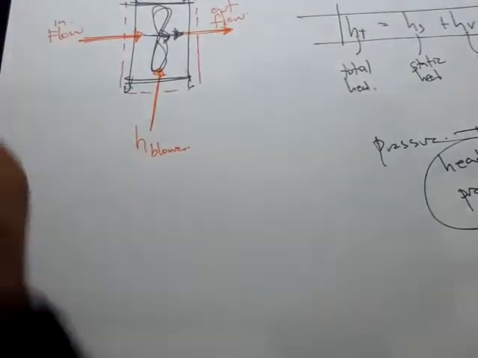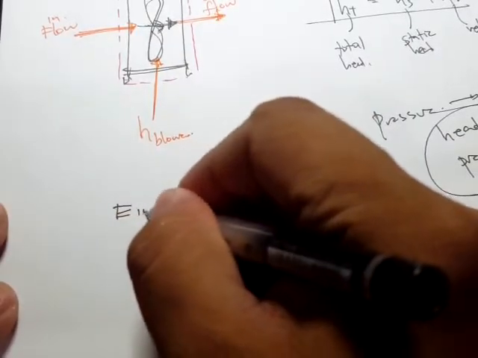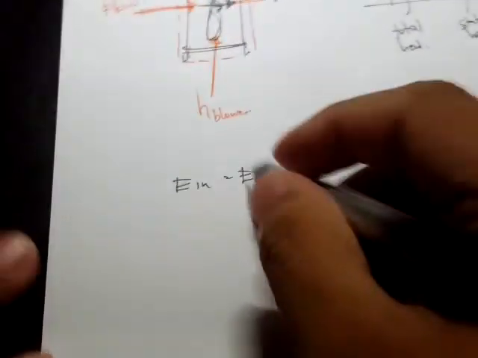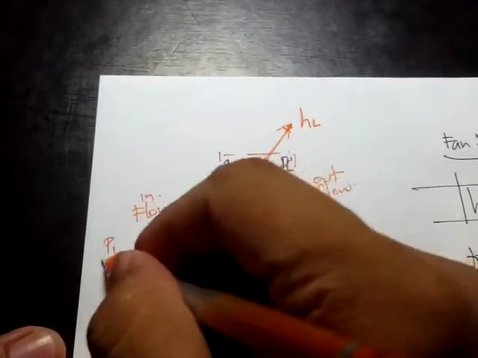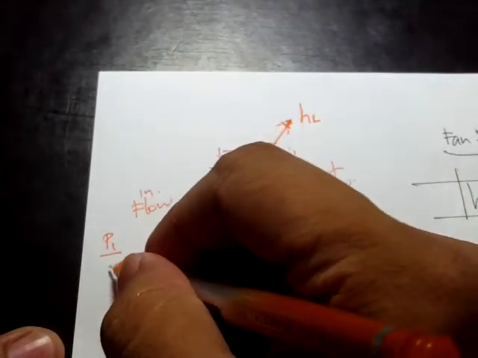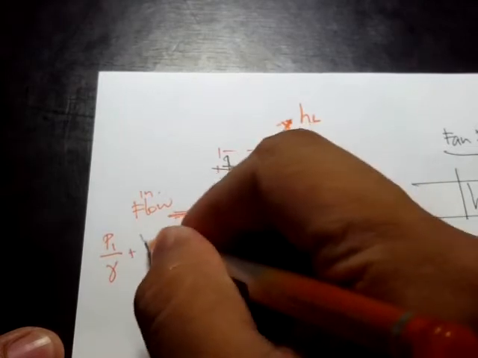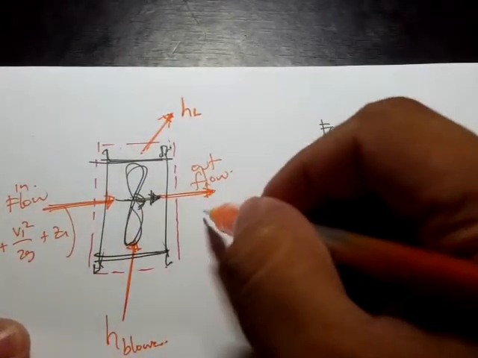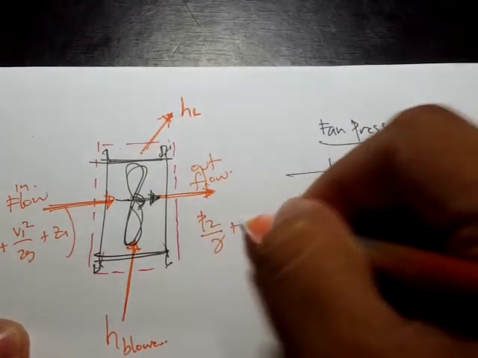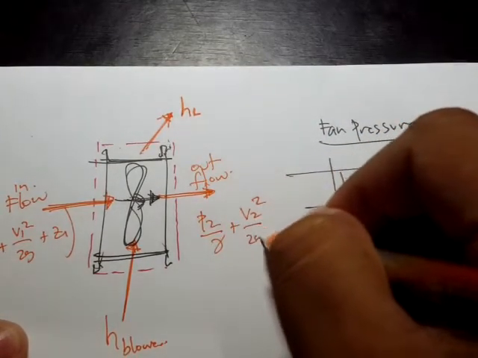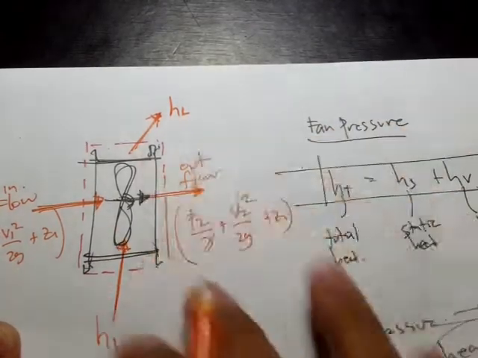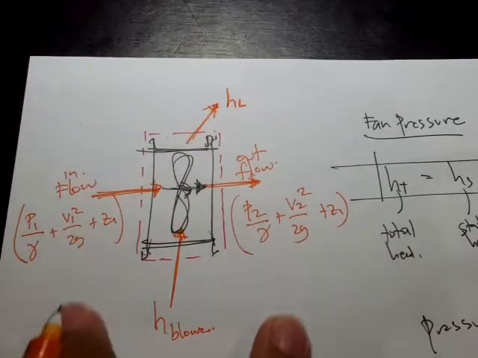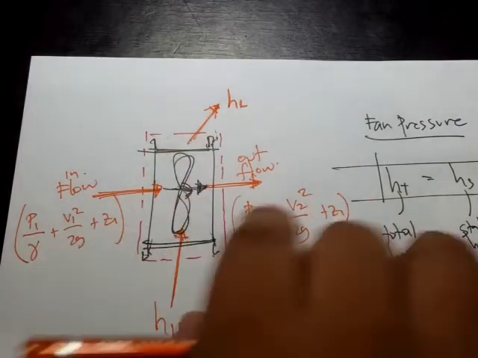Okay, so if we do the conservation of energy, energy in is equal to energy out, then the inflow is this one: the pressure head P1 by gamma plus V1 squared all over 2g plus Z1. So basically the Bernoulli equation. And right here we also have P sub 2 by gamma plus V sub 2 squared divided by 2g plus Z sub 2. So those are the energy terms or the head terms in the inflow and outflow.